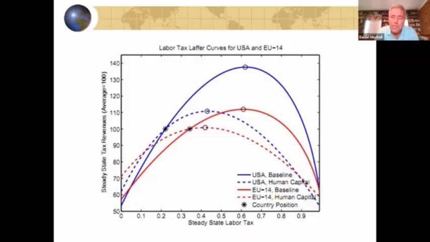But the reason I'm sharing this chart is I want to make a point that I think most people don't understand. Let's look at the dashed lines, because the dashed lines are the ones that actually measure the impact of tax rates when you include human capital. In other words, what is human capital? It's things like your incentive to get educated.